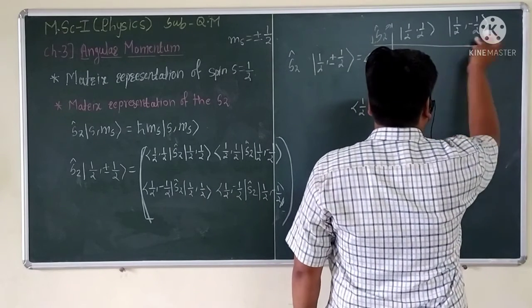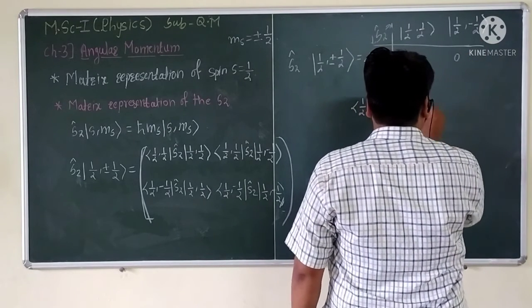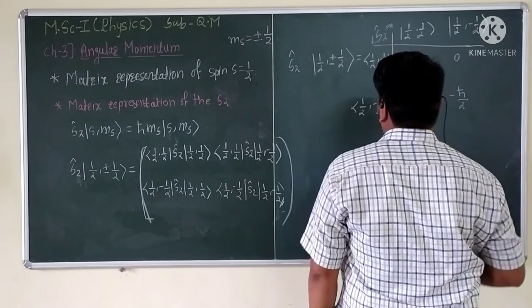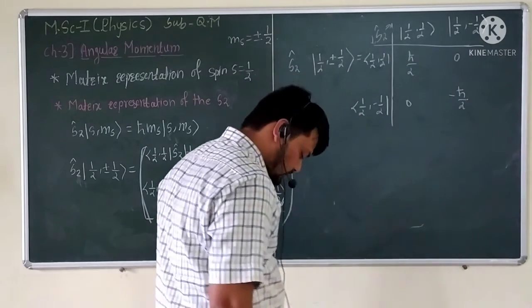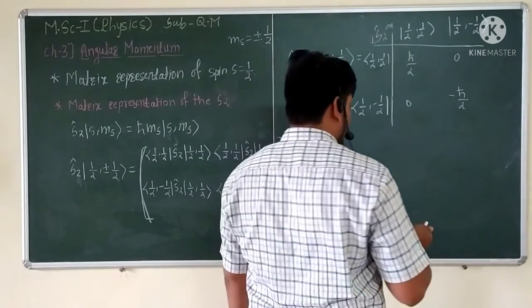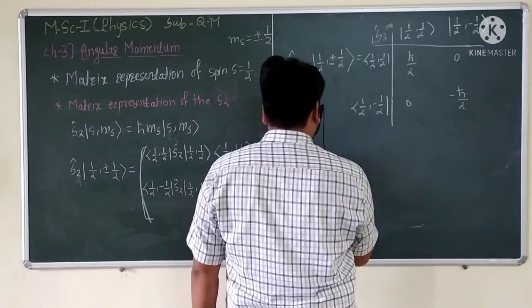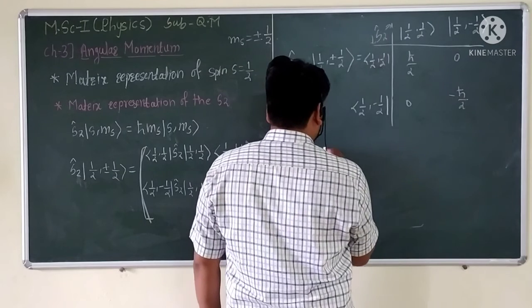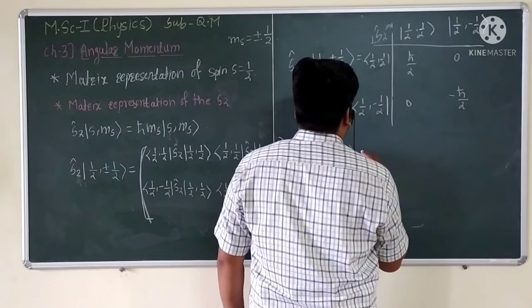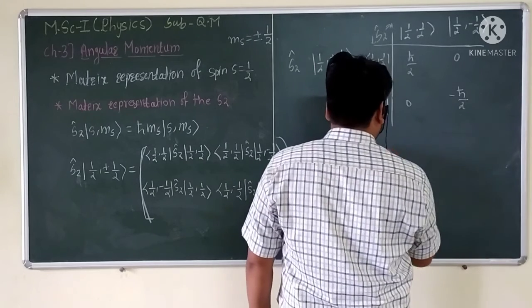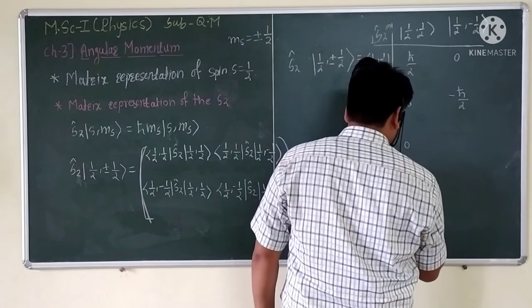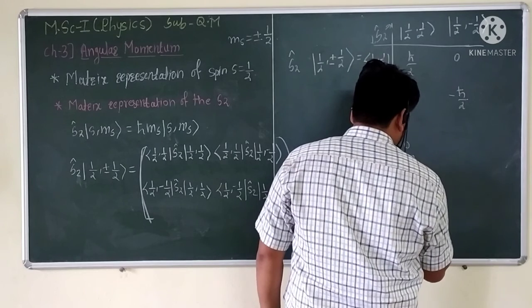Again, this off-diagonal value is 0, this is also 0, and this is minus h cross by 2, because the spin ms value is minus half. So again, this Sz cap of s comma ms matrix value is h cross by 2, 0, 0, minus h cross by 2.